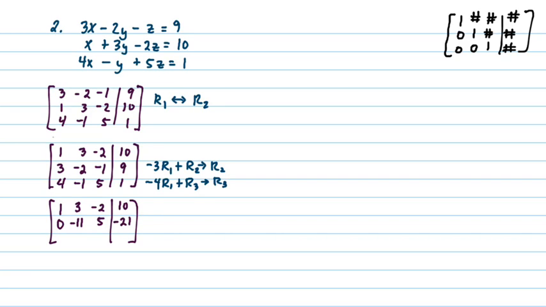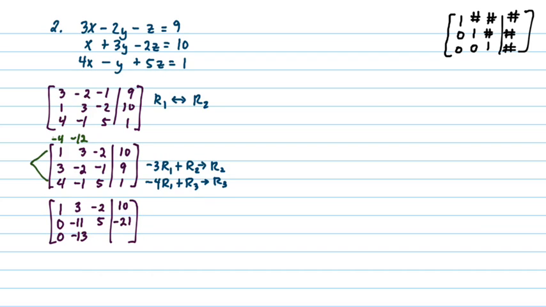Okay, so now when we multiply the first row by negative 4, we're going to have 1 times negative 4 is negative 4. When we add that to the 4, we're going to get 0. And negative 4 times 3 is negative 12. And when we add that, so basically we're just adding these two rows here. Negative 12 and negative 1, we're going to get negative 13.